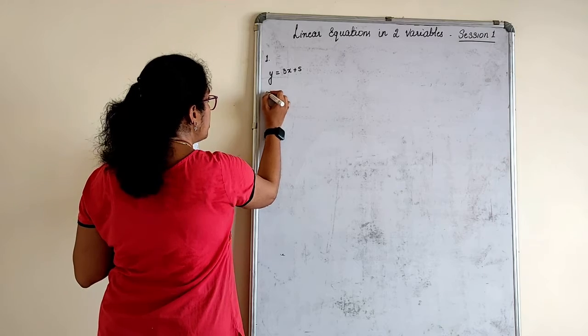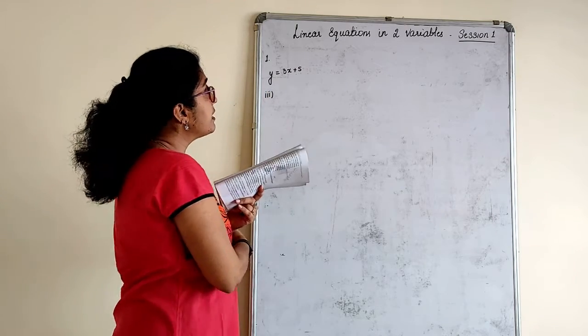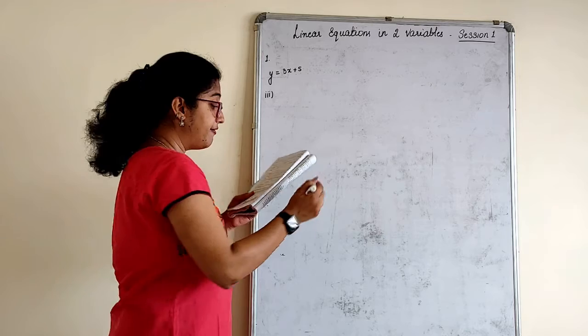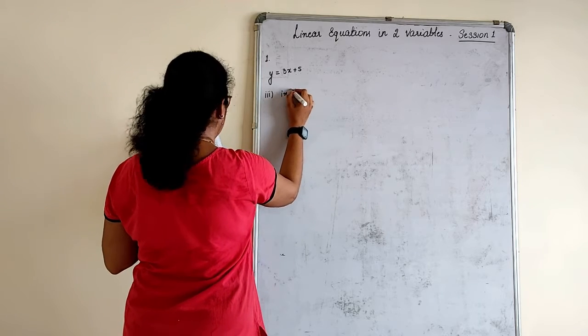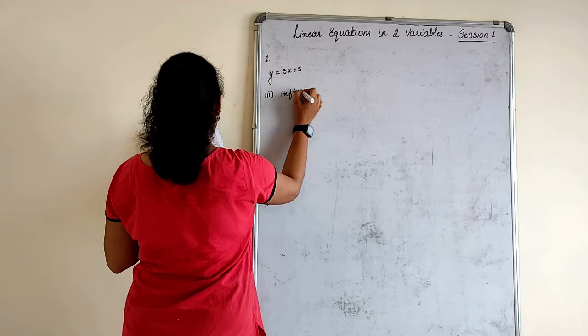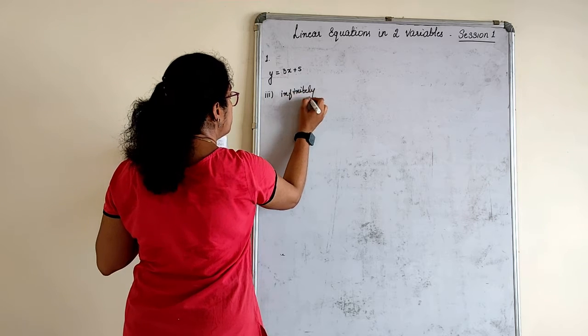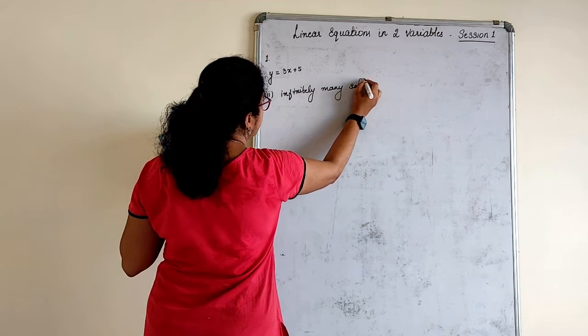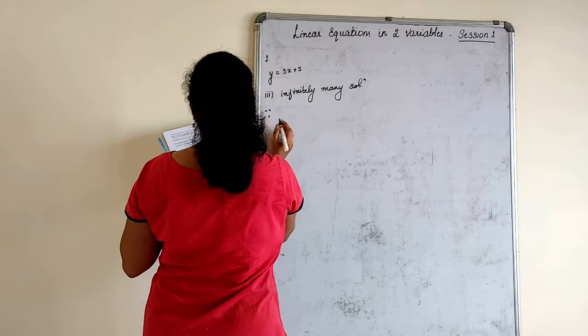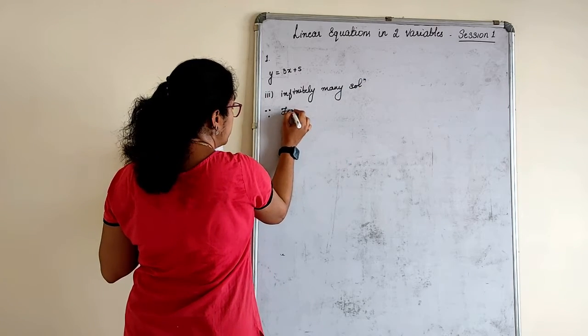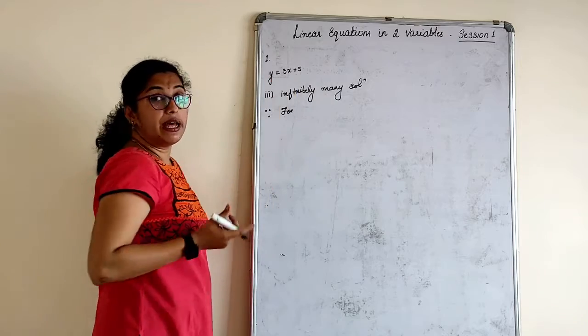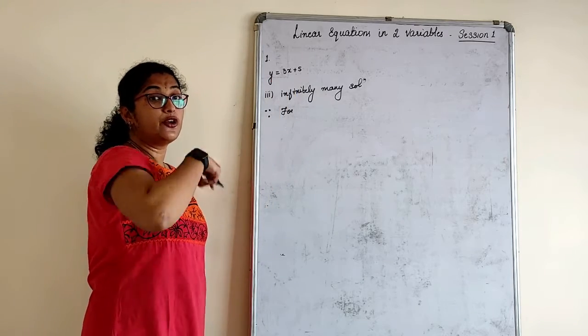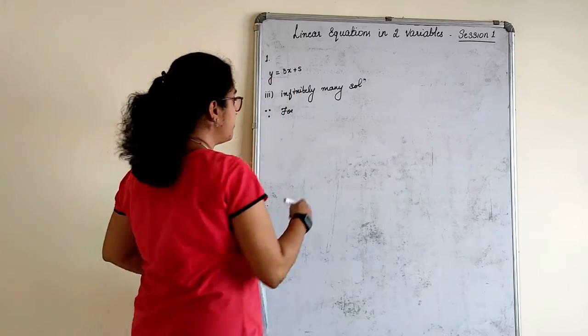So linear equations, we already discussed, linear equations in 2 variables will have infinitely many solutions. Why will it have infinitely many solutions? Because for every value of x there is a value of y, or for every value of y there is a value of x, vice versa we can say.